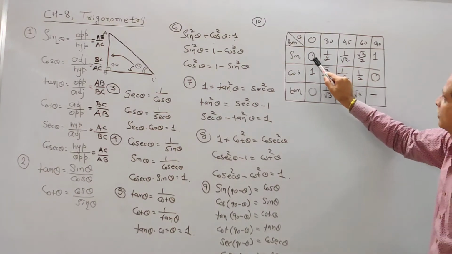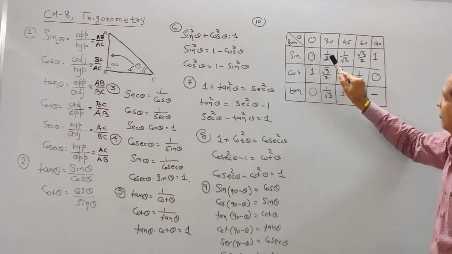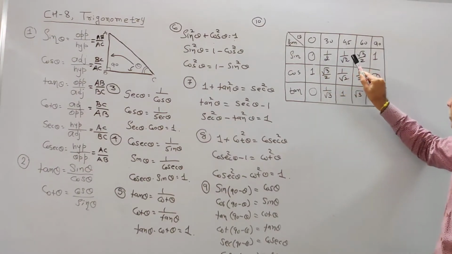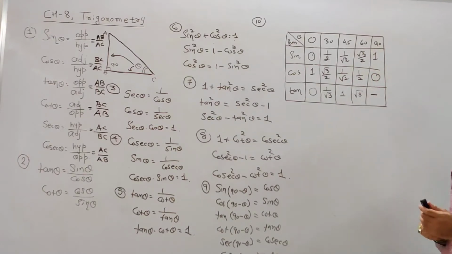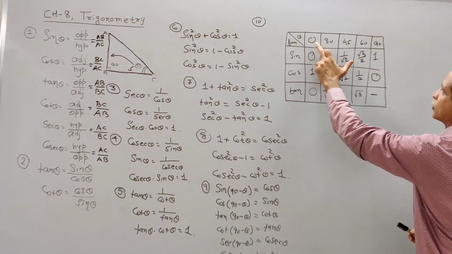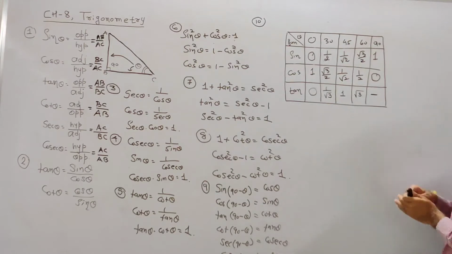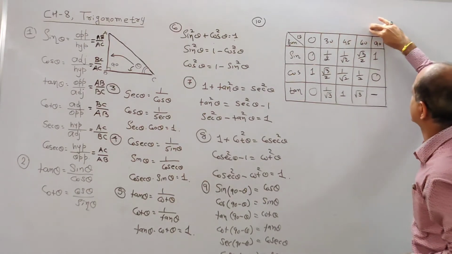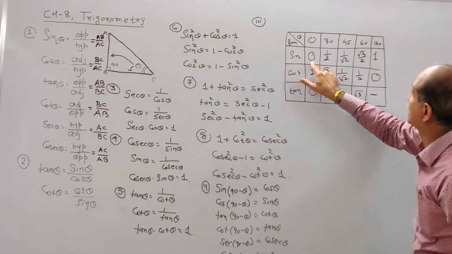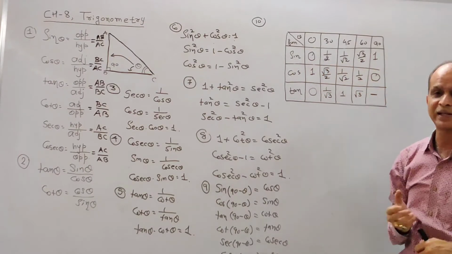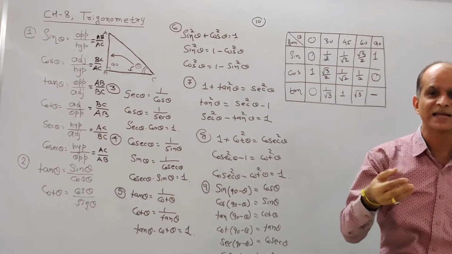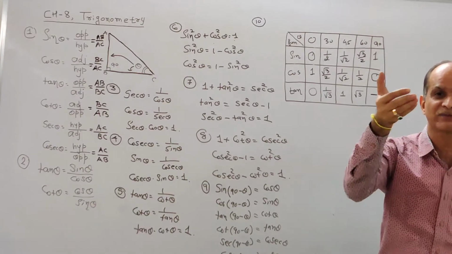Again, first of all, here you have to write 0, 1 by 2, 1 by root 2, root 3 by 2, and 1. So as you move from 0 to 90, means as theta increases, the value of sine also increases from 0 to 1, and that's why we can say sine is an increasing function.